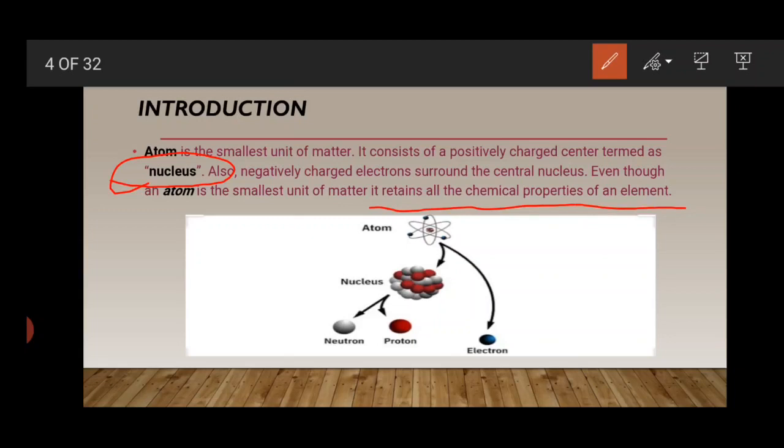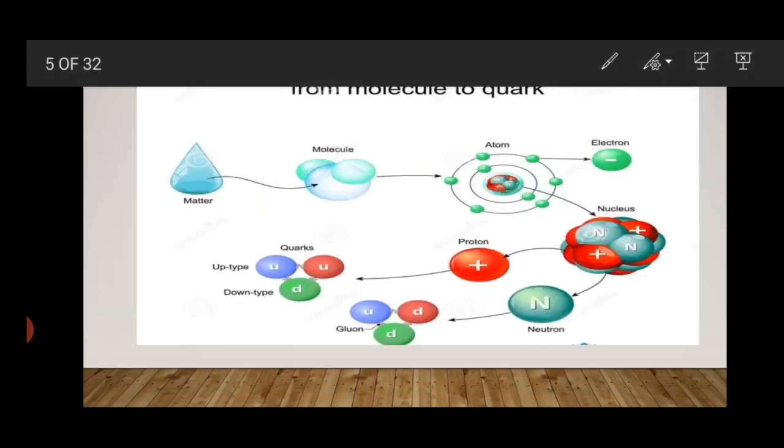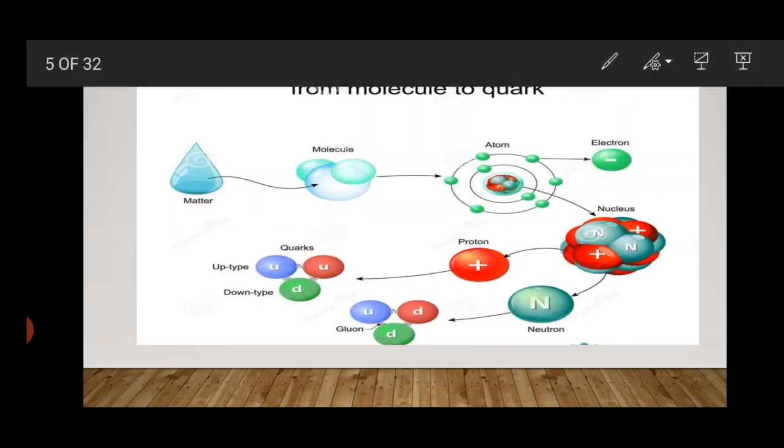And when you see the structure outside the nucleus, negatively charged particles surround the center and they are electrons. An atom is the smallest unit of matter. It retains all the chemical properties of elements. Whatever properties are shown by elements, all are retained by an atom only.